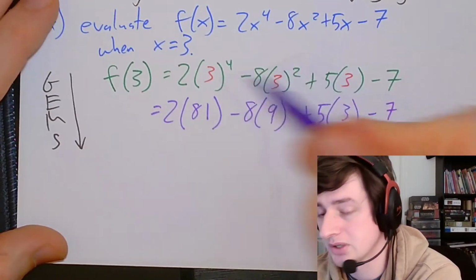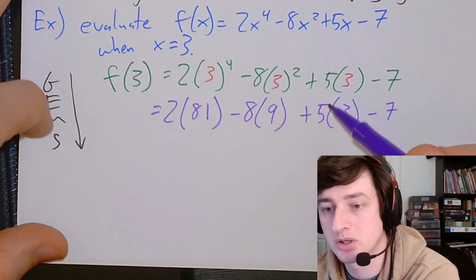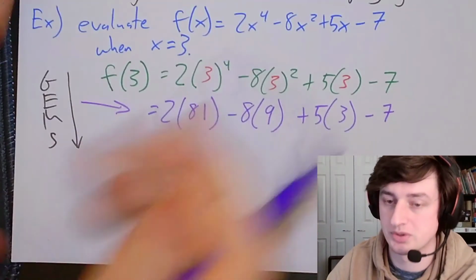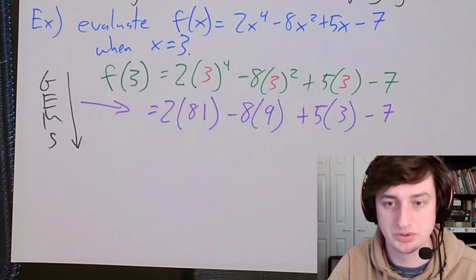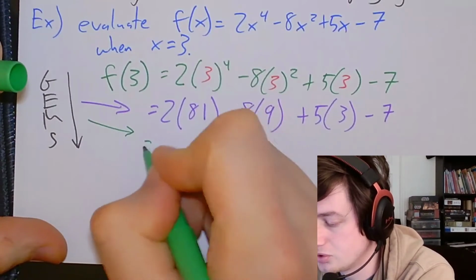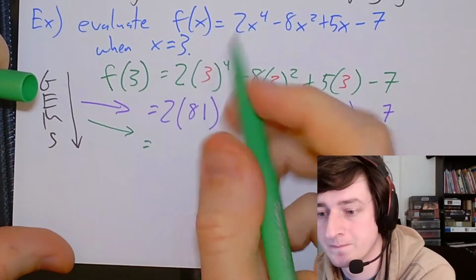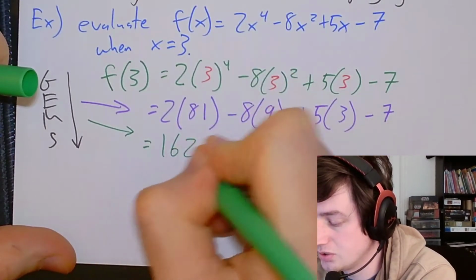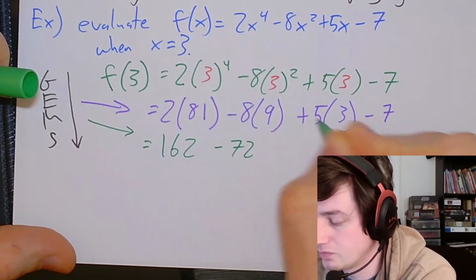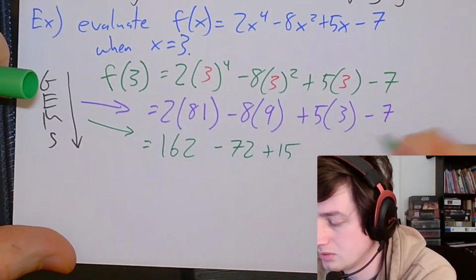So we've gotten rid of the exponents. Now we're going to multiply. So 2 times 81, which is 162. 8 times 9 is 72. 5 times 3 is 15, minus 7.